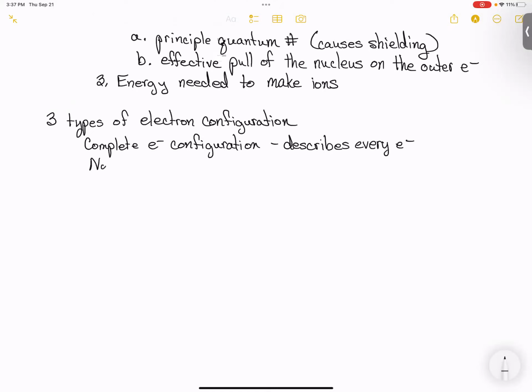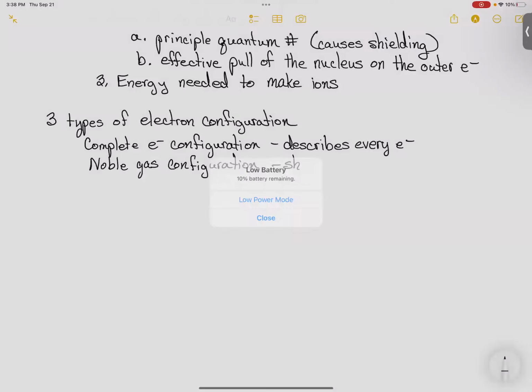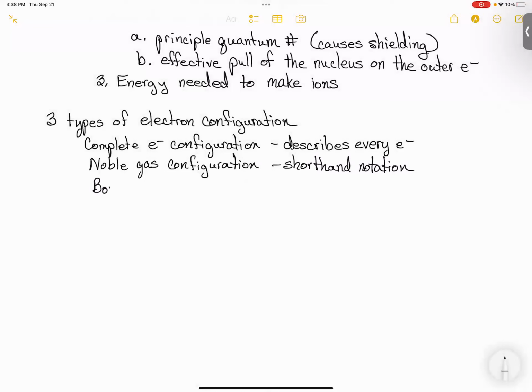We're also going to deal with the noble gas configuration, which is a form of shorthand notation. And then we're going to deal with the box diagram. And actually, the box diagram is going to be useful for determining the quantum numbers.